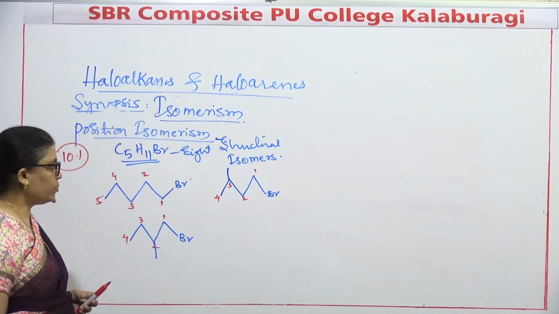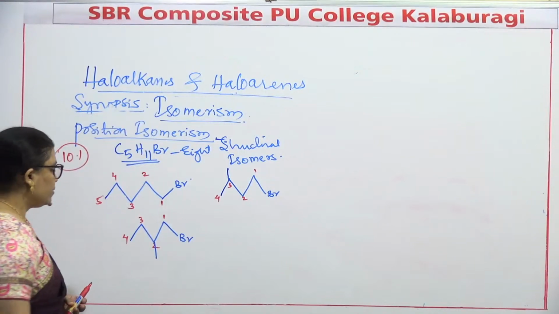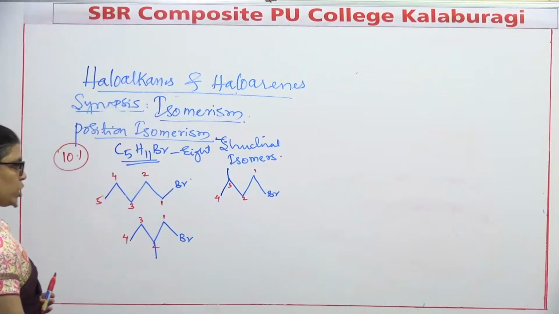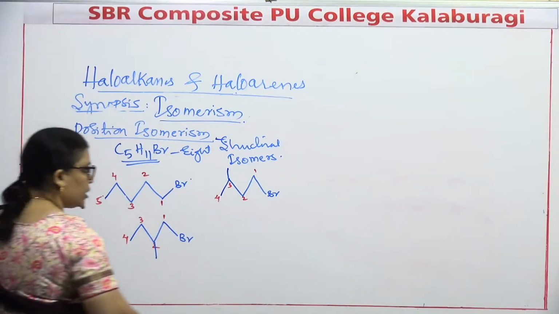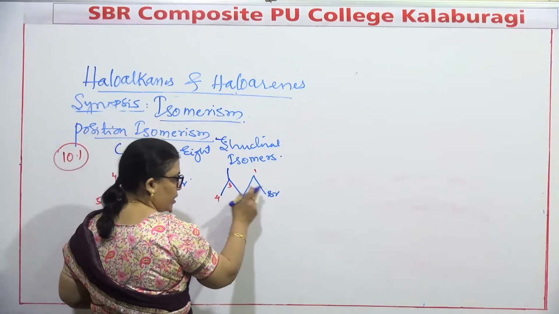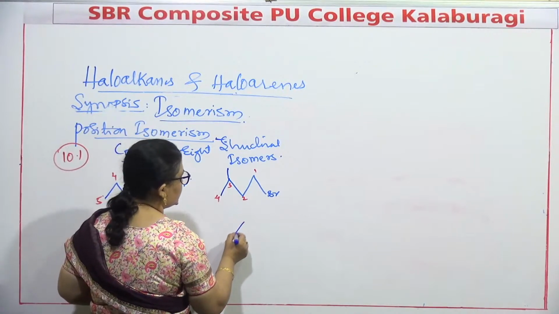Correct? 1 bromo, 3 methyl. Instead of taking a 4 carbon atom chain, even we can take with respect to what, children? We can take in such a way that this halide and this one, both are present on the same carbon atom.